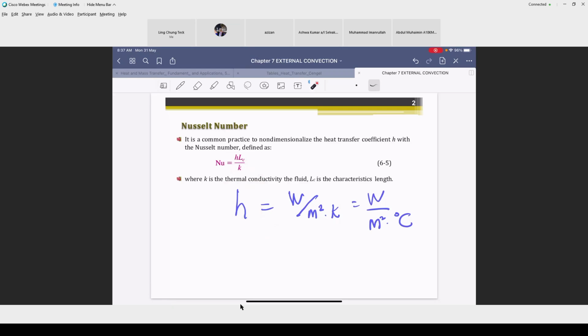Meaning that sometimes, like oil or gas, it is a good conductor of heat transfer. Sometimes it is not, like air. Air, we can use as an insulator. The K value is very, very small, 0.0 something. That is why in houses overseas that have four seasons, during winter, the insulation sometimes has an air gap.